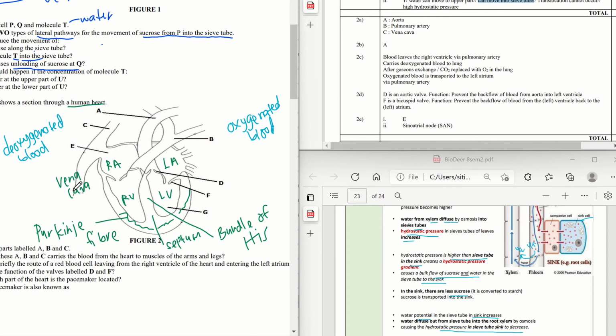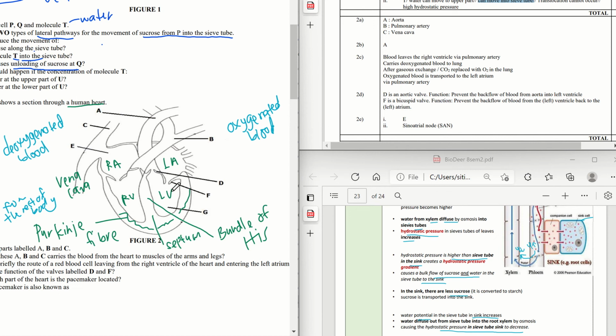Okay, so from the rest of the body, kita akan bawa deoxygenated blood, lalu vena cava masuk right atrium. Masuk ke right ventricle, dan kita akan bagi ke lung.